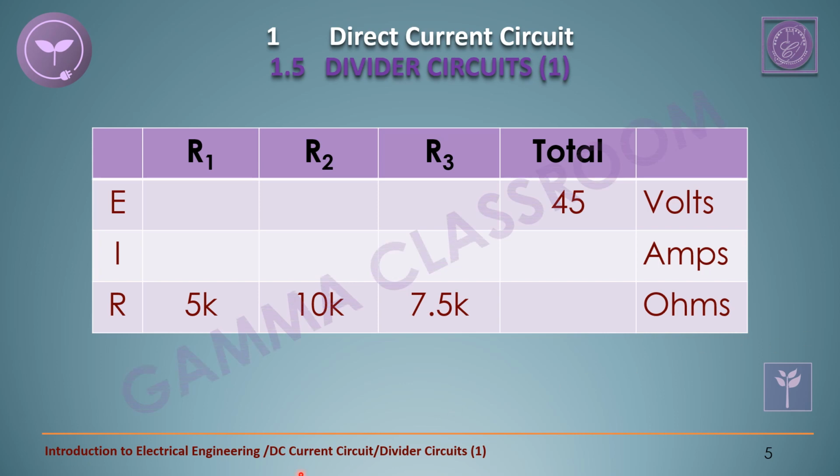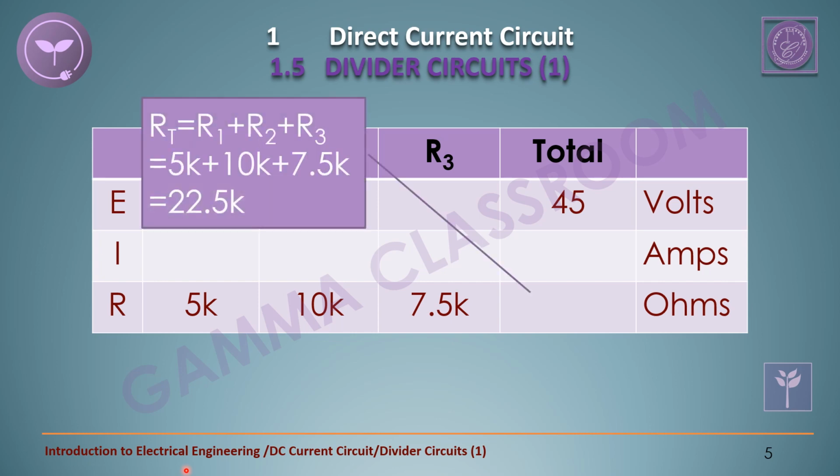We already learned this before in previous videos, so if you don't know, please check the Gamma Classroom videos. Since this is a series circuit, the total resistor should equal the sum of the resistors in this circuit.